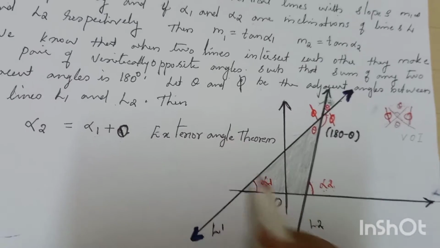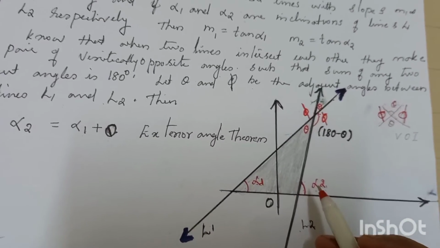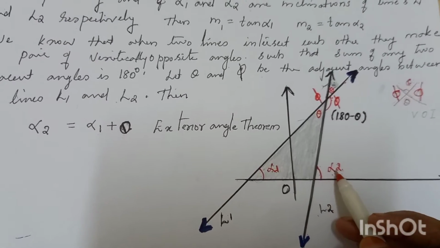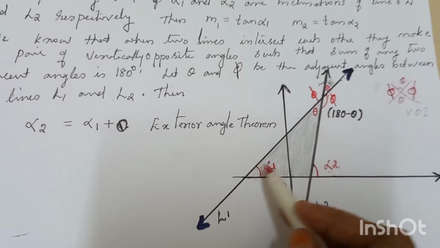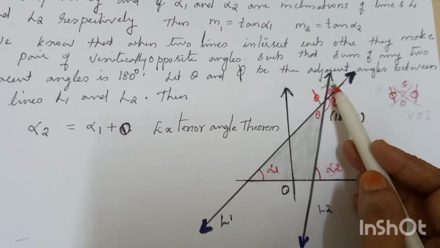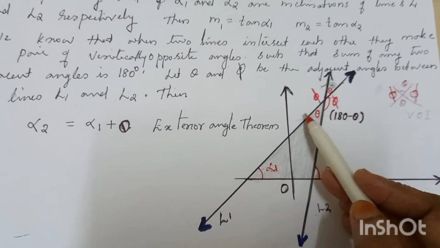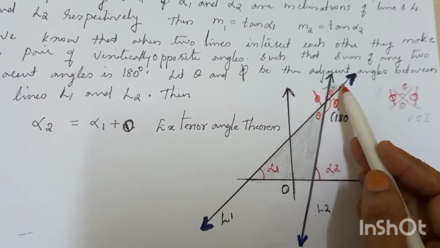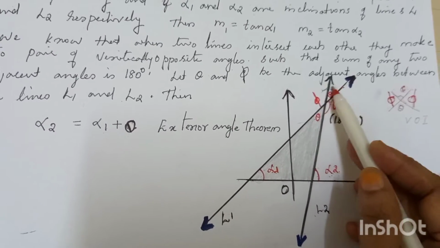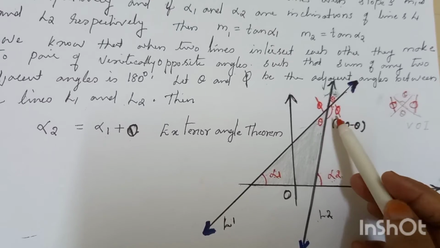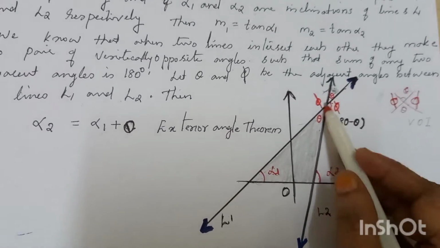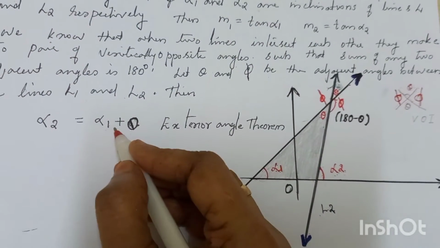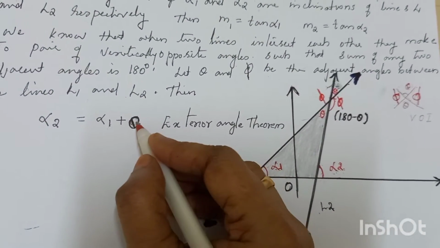Exterior angle theorem. What is the exterior angle theorem? The exterior angle is equal to the sum of the two interior opposite angles. We already know that this is theta, this is also theta, and this is phi and this is phi. These are the angles between these two lines, and they are adjacent angles also. So alpha 2 is equal to alpha 1 plus theta.